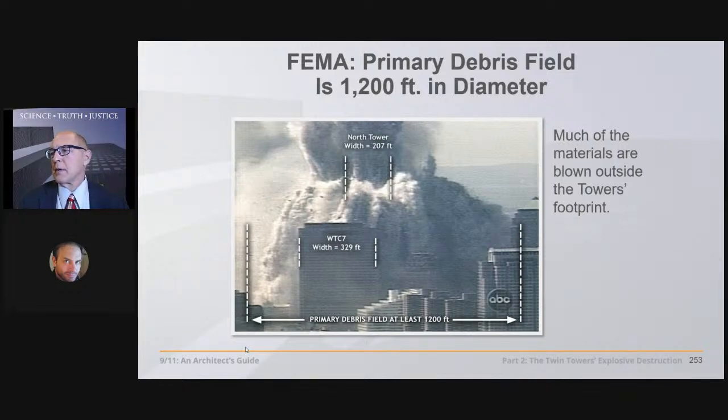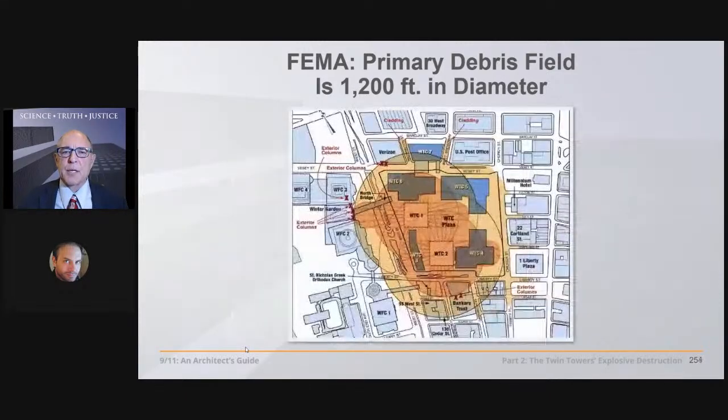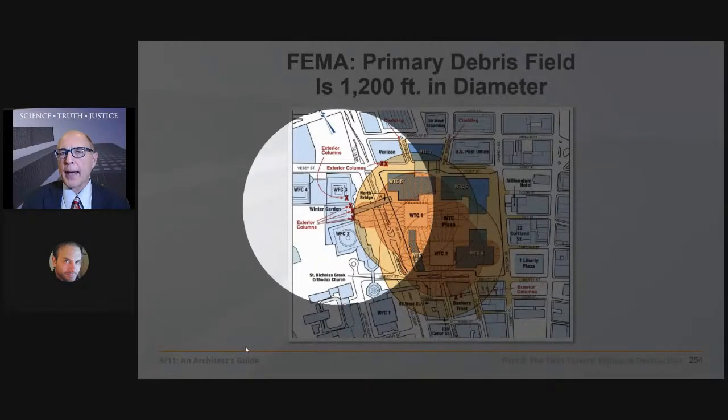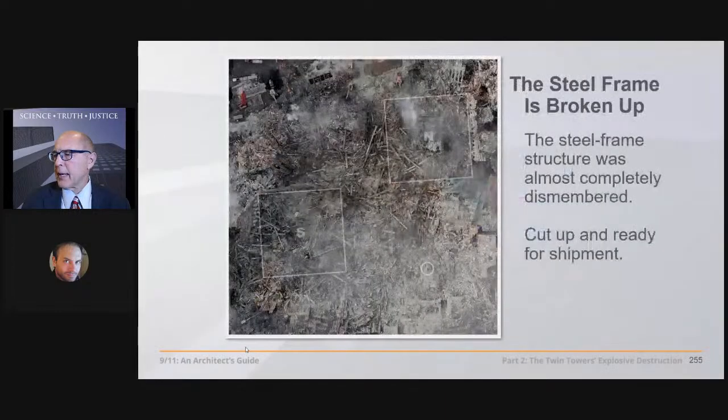Well, this is a 207-foot wide building, but the debris is 1,200 feet in diameter, symmetrical about each of the twin towers, as you see here in this FEMA drawing. It's actually 1,400 feet in diameter, destroying the winter gardens 600 feet away with these freely flying structural steel sections.